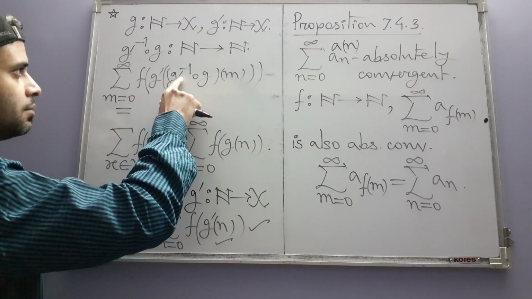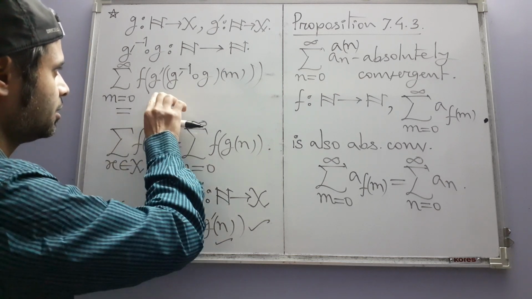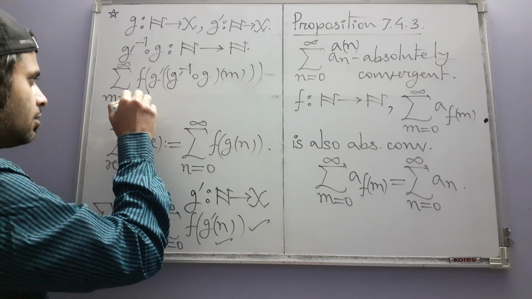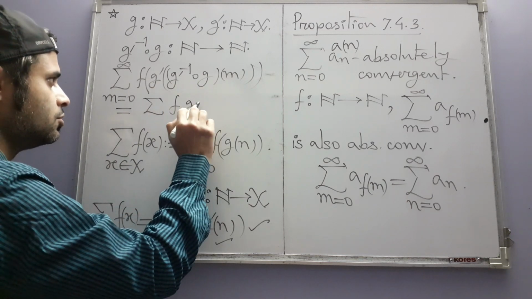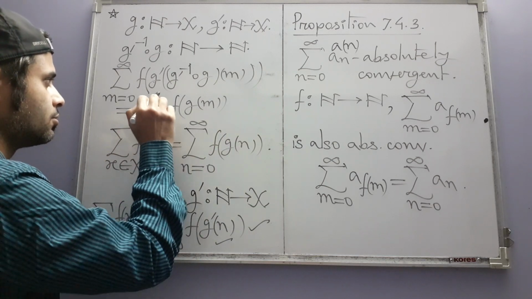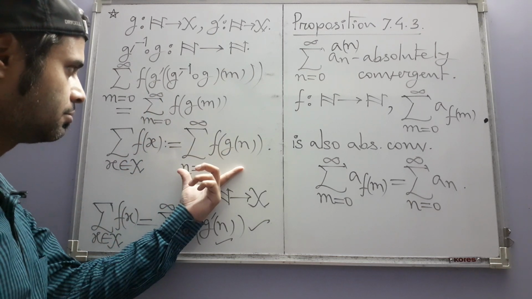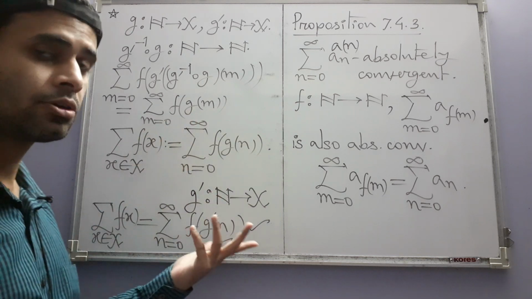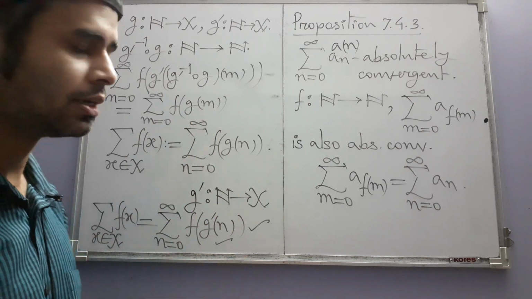You can see that g prime inverse and g prime cancel out, or more strictly speaking, they give us the identity map, which just vanishes inside, and we are left with f of g of m, where m varies from 0 to infinity, which is just this. Yes, you have n here and here you have m, but that is not going to make any difference, because these are just variable names, they are dummy variables.